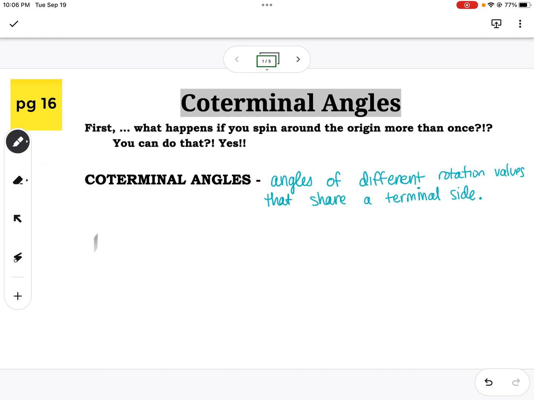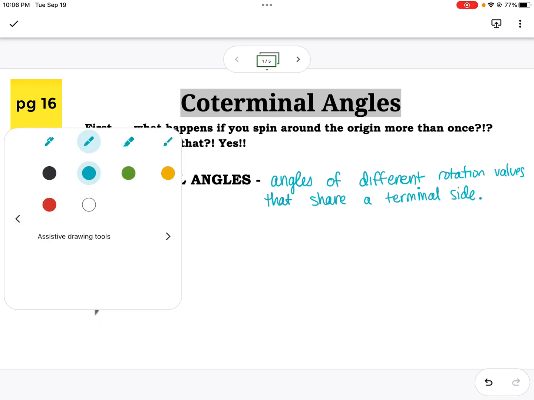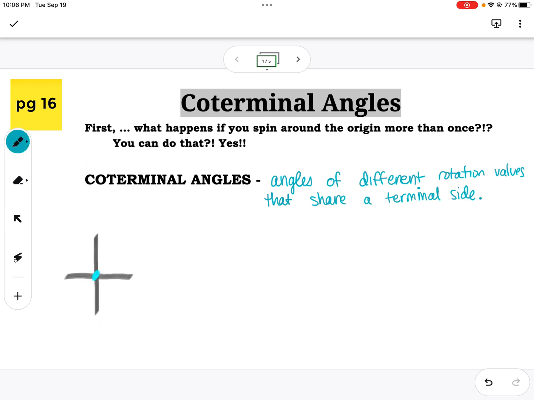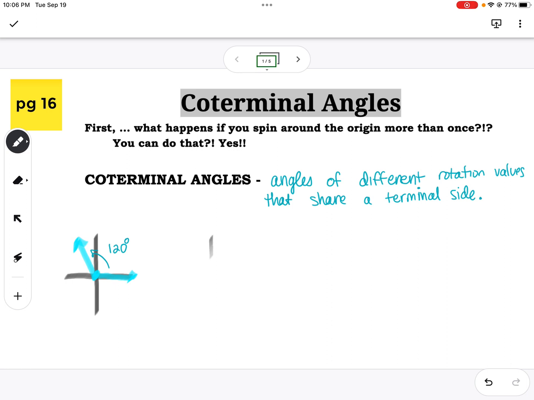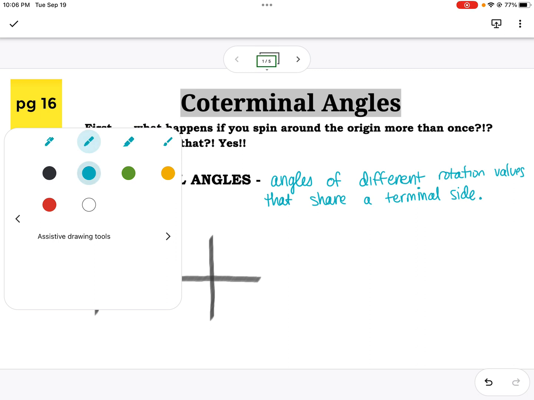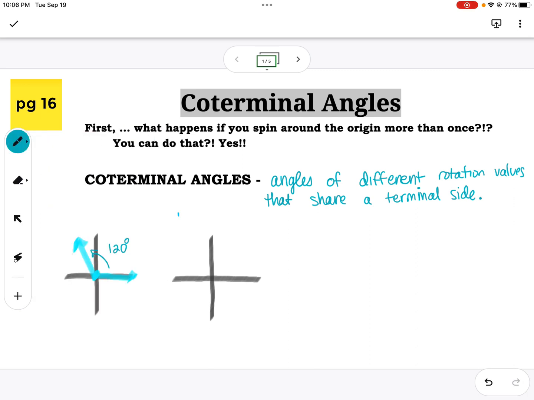Suppose we were looking at, and I'm not going to pick something in the first quadrant because that's been done. Let's say we were here. This angle that I just drew you, I'm trying to make roughly 120 degrees. Suppose I told you that instead I wanted to draw the angle 480 degrees.